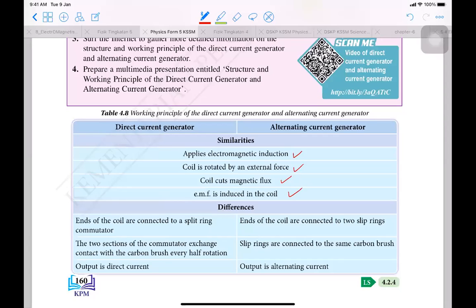Now the differences between DC generator and alternating current generator is, for DC generator, the ends of the coil are connected to a split ring commutator. While the AC generator, the ends of the coil are connected to two slip rings. For DC generator, the two sections of the commutator exchange contact with the carbon brush every half rotation.